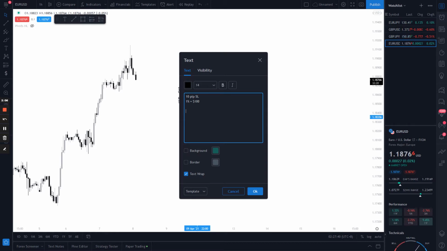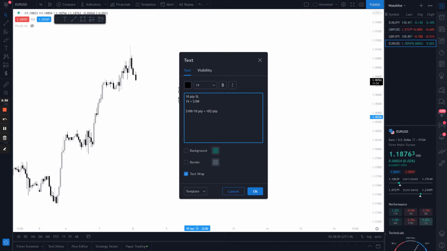A per pip value is basically the lot size that you are going to be putting into the trade itself. So let's say now we have a 10 pip SL and we have $100 to risk. So you take $100 and you divide it by 10, because that is the distance between the entry to the stop loss itself. Let's put a dollar sign there, and what do you get? You get $10 per pip.